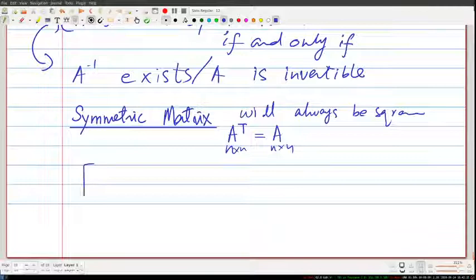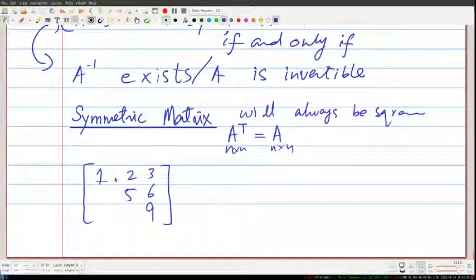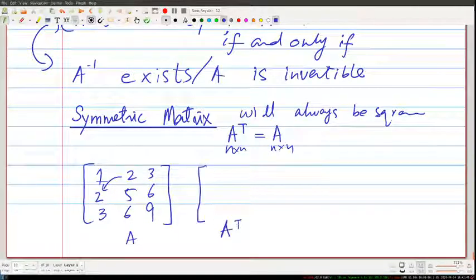Okay, let's look at a symmetric matrix. Let's say 1, 1, 5, 9. We know diagonals don't change. So if this is 2, 3 and this is 6, then if it's symmetric, the values that are swapped by the transpose will be exactly the same. So this becomes 2, there's 3 over here, and this 6 over here. This is a symmetric matrix. If this is A, then A transpose is exactly the same.